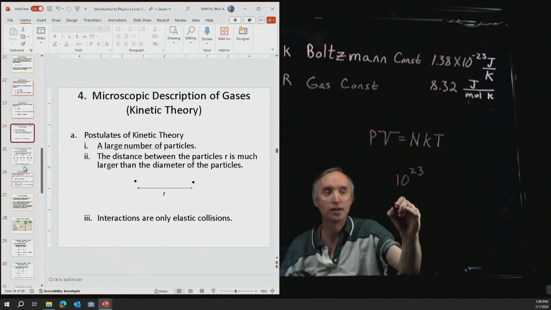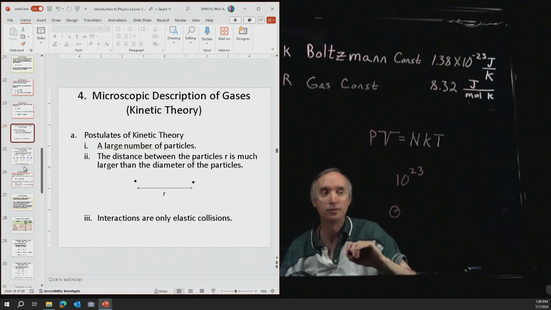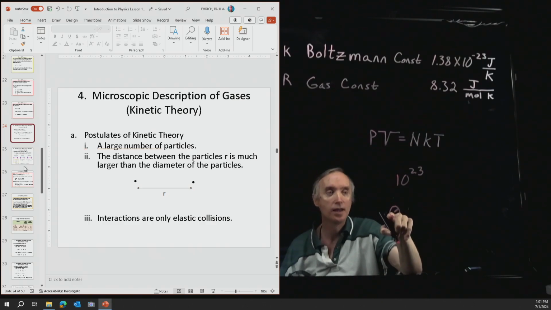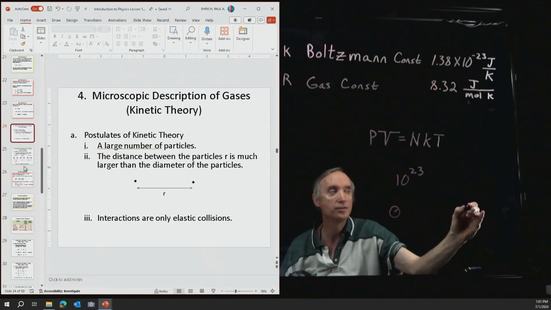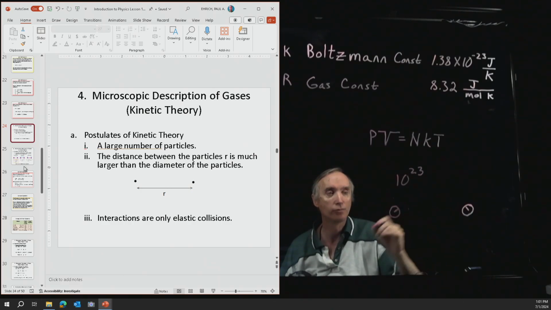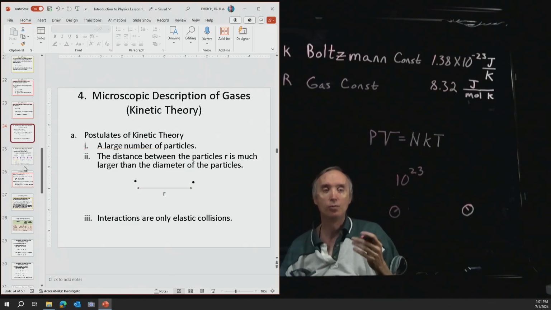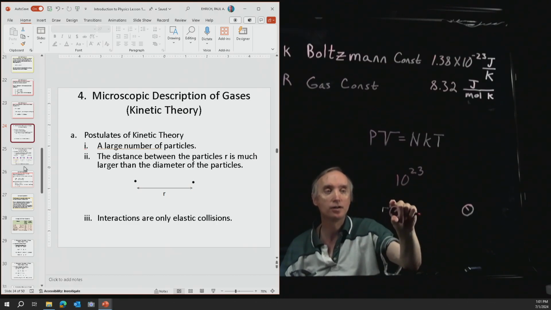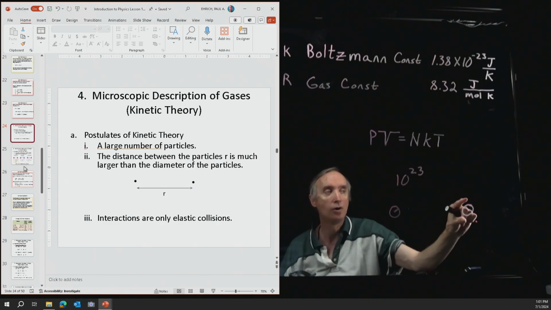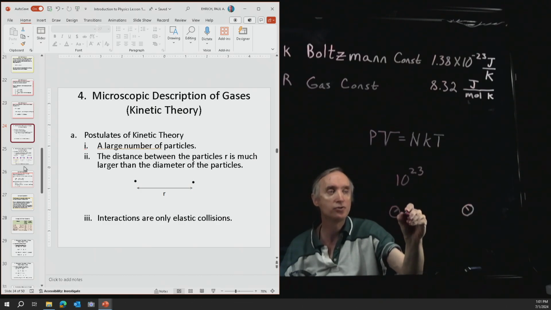So here, for example, is a particle of gas with a certain radius r, and over here is another one, which also has a certain radius r. One of the postulates is that these things are very small compared to the distance between them.